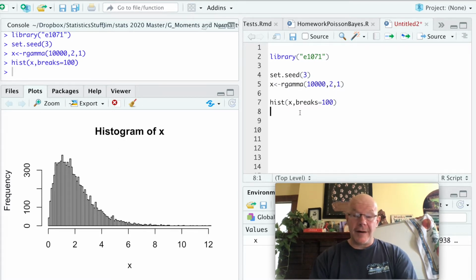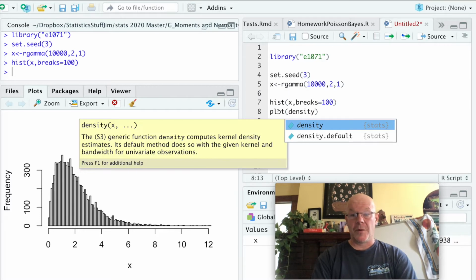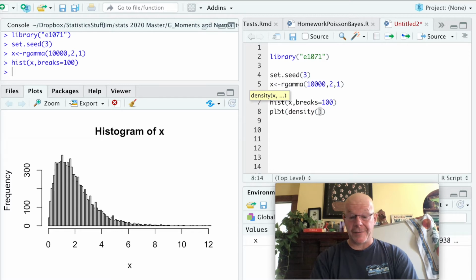Another way that we can show the same thing, if we wanted to smooth this out and have it look like a curve, is we could say plot and then plot what? The density. Density will basically provide you with a plot that'll be a smoothed out curve as opposed to being a histogram. So I'm going to say I wanted to do the density of x, and then I'm going to say adjust equals 2.